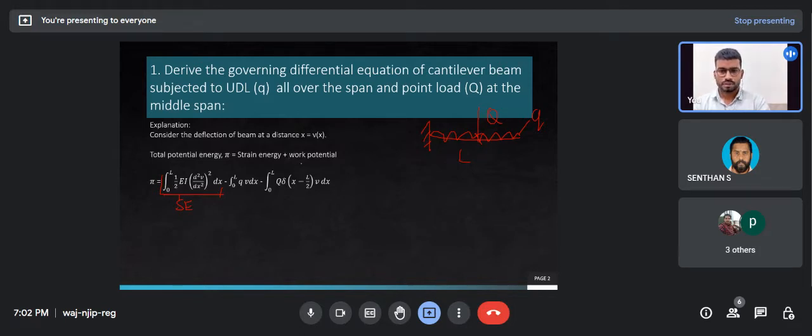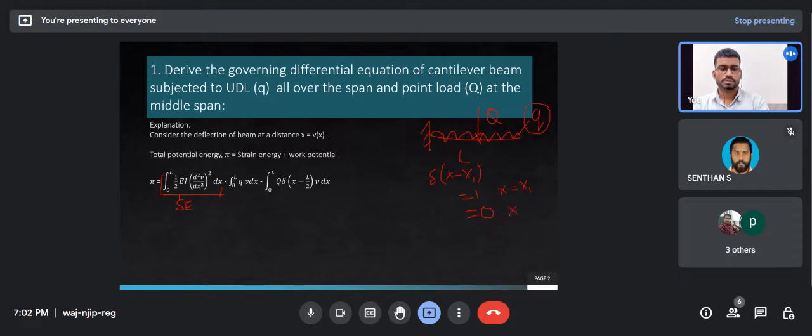And the work potential, that is the work done on the system. From the q load, that is the UDL, uniformly distributed over the beam, the work potential is q into the displacement integrated over the whole span. Similarly, for the work potential of the point load, we can write by using the delta function, and we know that the delta function, x minus xi, its value will be 1 when x is equal to xi.